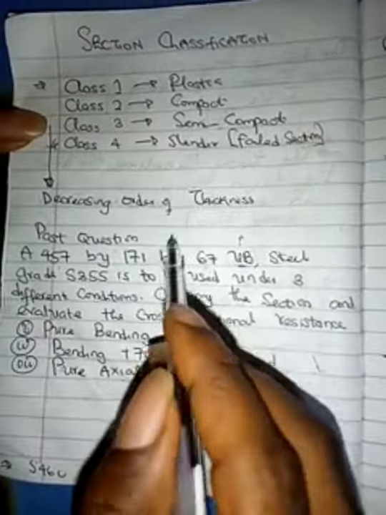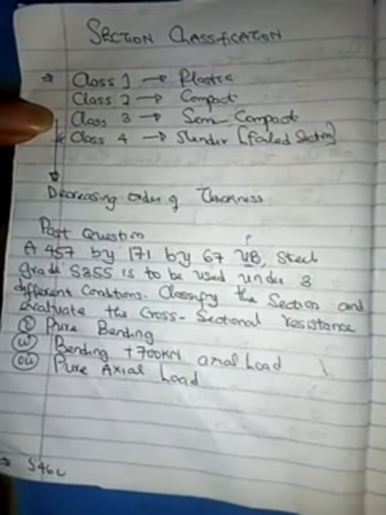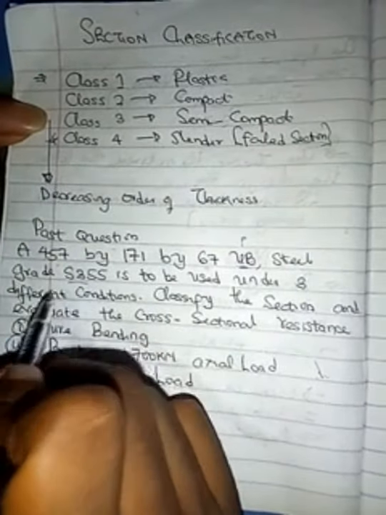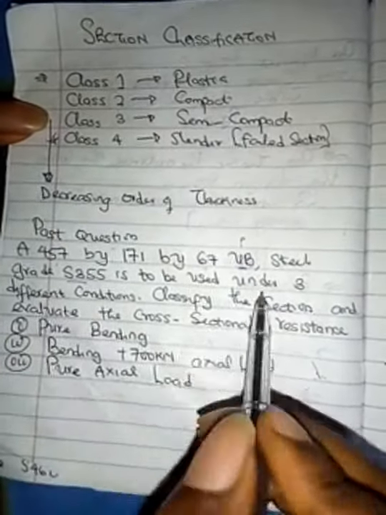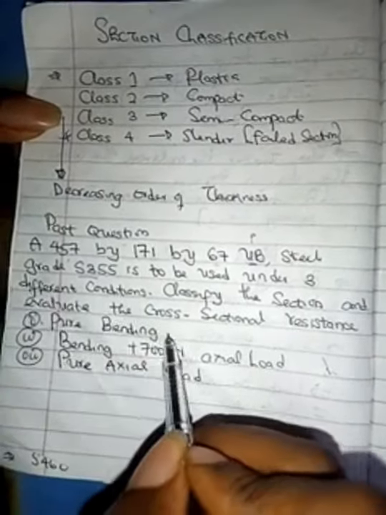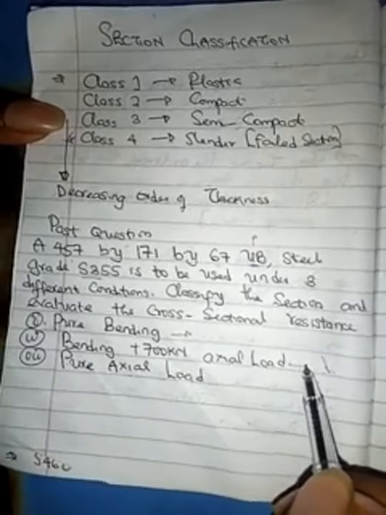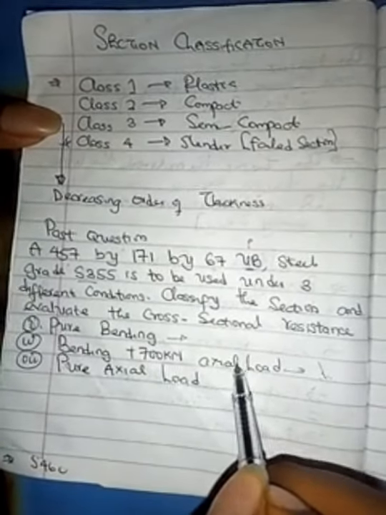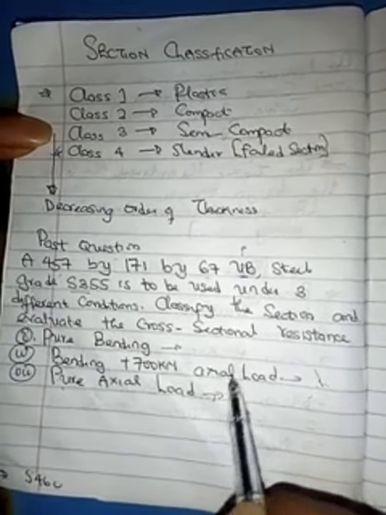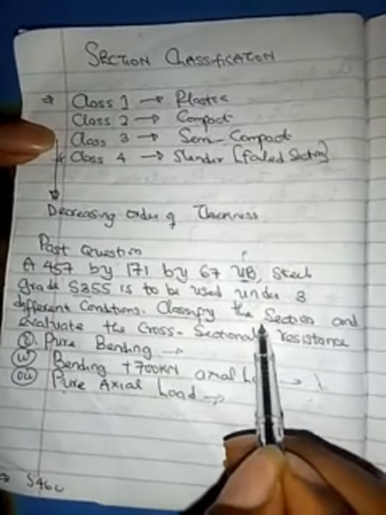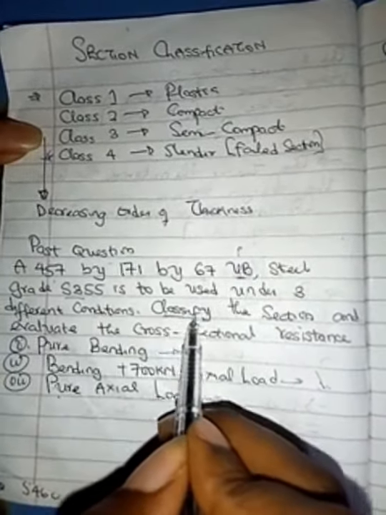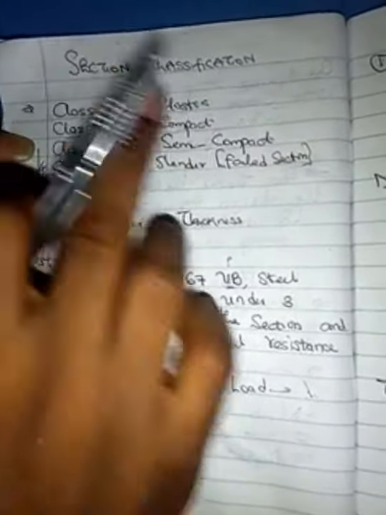The steel grade is super important for any calculation you are going to do, so you will note it. It is to be used under three conditions: 1, when there is pure bending; 2, when there is bending plus a 700 kilonewton axial load; and 3, when there is pure axial load alone. What do we need to do? Classify the section and evaluate the cross-sectional resistance. So once you see classify the section, it is under section classification.